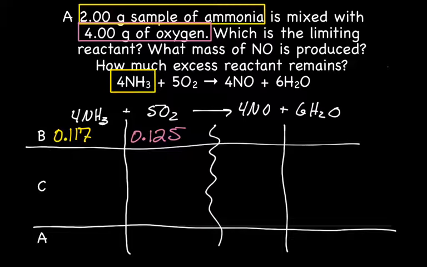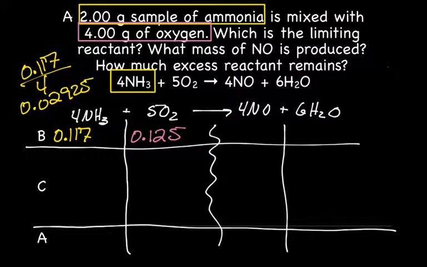So for NH3, we're going to use 0.117 moles divided by its coefficient, which is 4. So divided by 4, and I got 0.02925 or 0.0293.